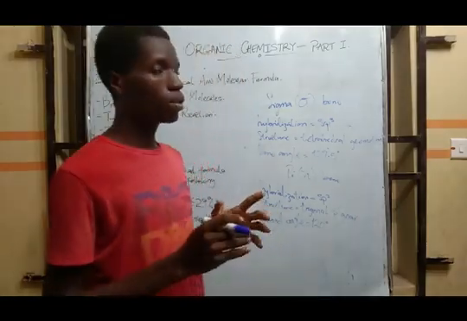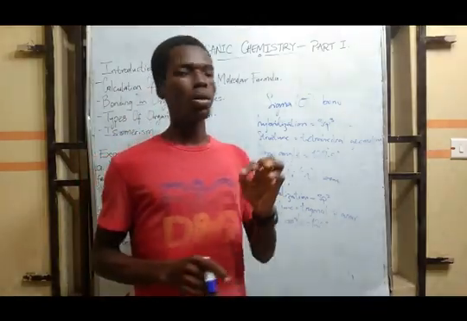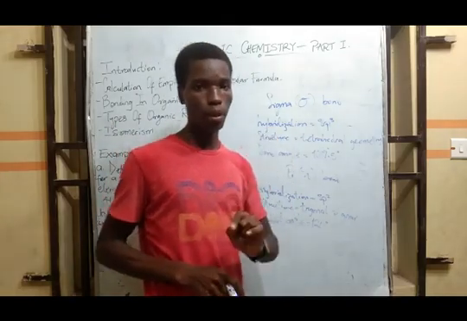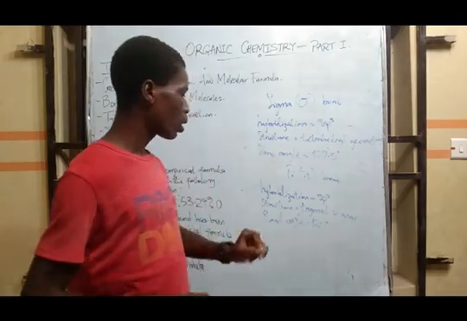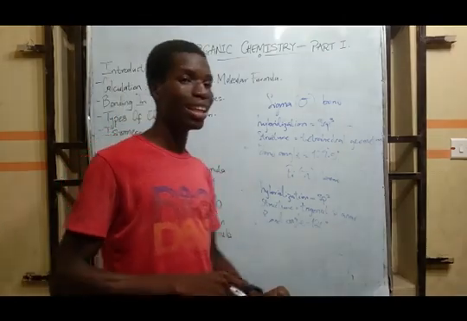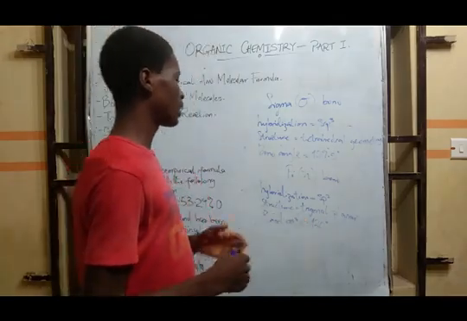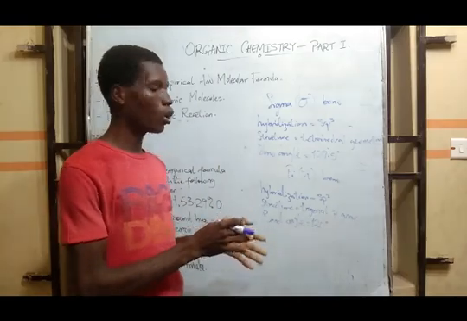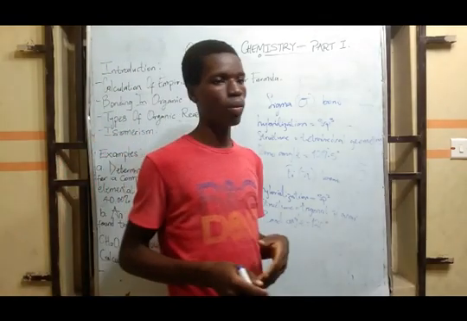We have a triple bond also, which is made up of 1 sigma bond and 2 pi bonds, with the hybridization of sp and a linear structure, with a bond angle of 180 degrees, and the family of organic compounds in that is the alkynes family.